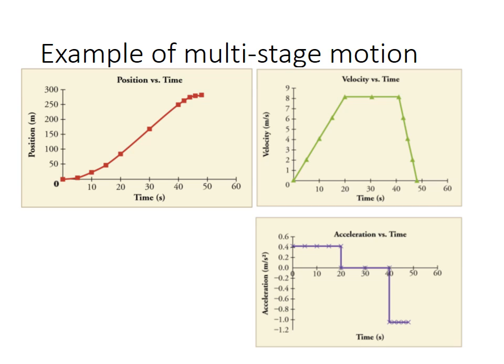So I have a slope that's positive and non-zero for my velocity versus time graph in that same time period. During the constant velocity section of my position graph, I have constant velocity, so it's some positive number, but my slope is 0. There's no acceleration there. And then from 40 to 50 seconds, we said I should have some negative acceleration, so I should have a negative slope on my velocity graph. And sure enough, we do.